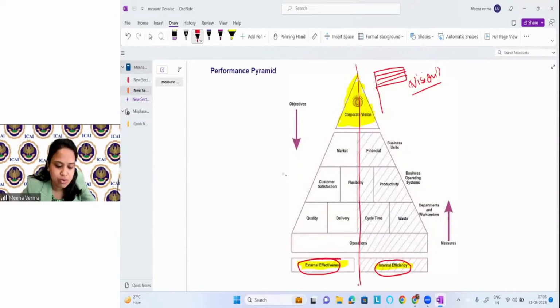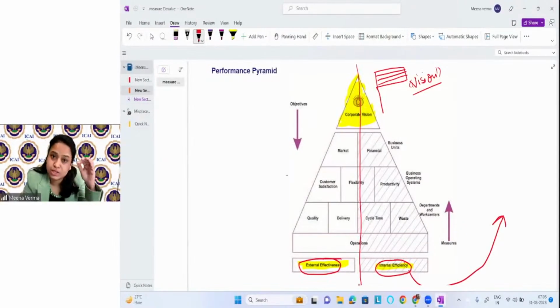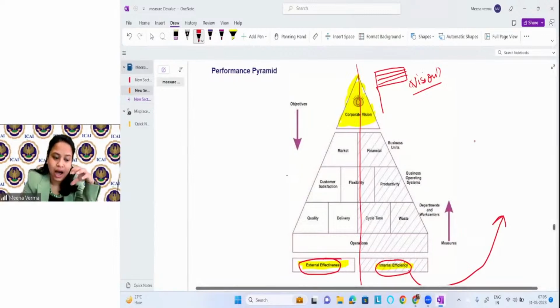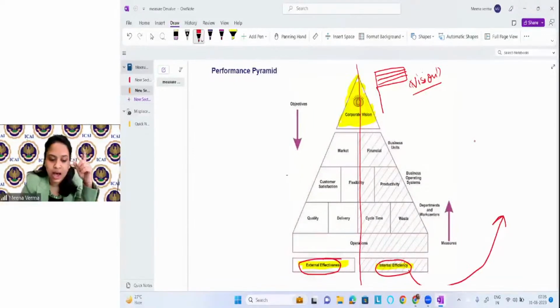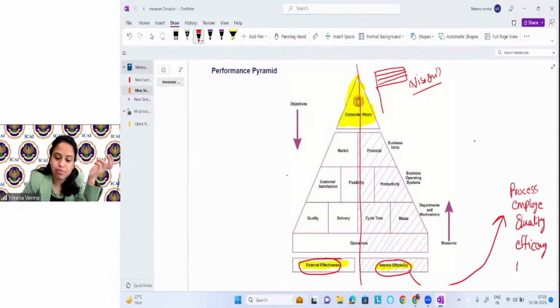What is internal efficiency? How well the company is performing inside: how well the company's processes are working, how well the employees are working within the organization, how well the company is producing goods, their quality, their efficiency, and obviously financial profitability.